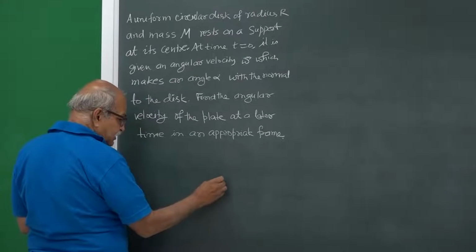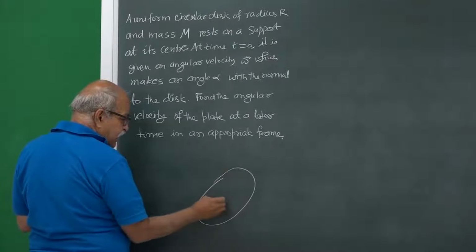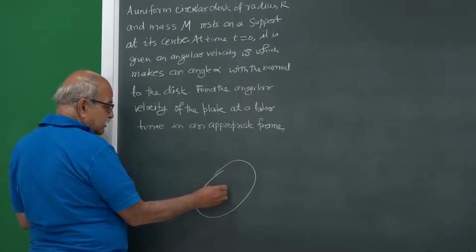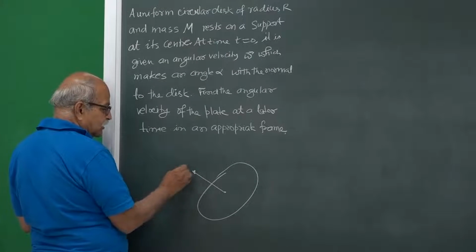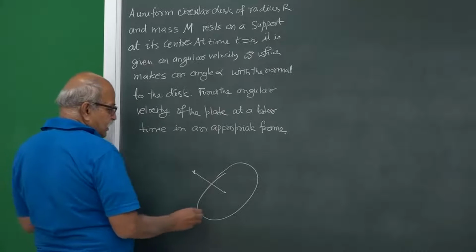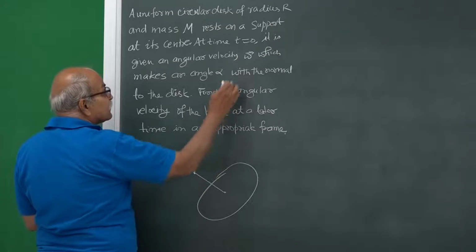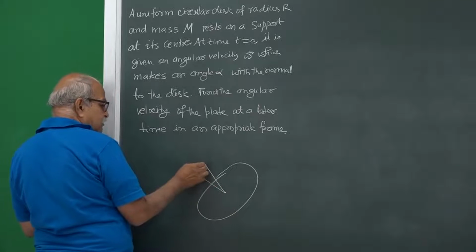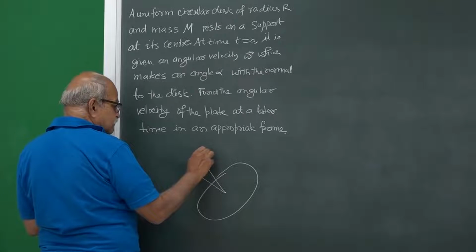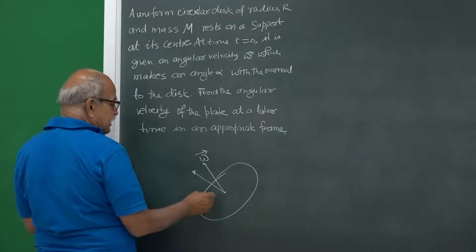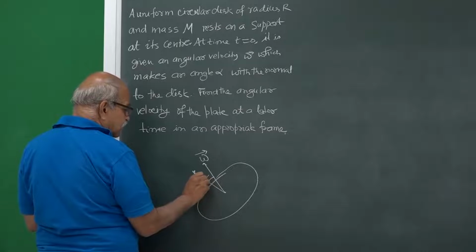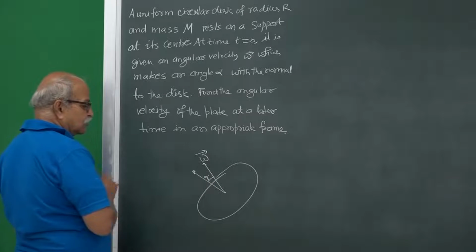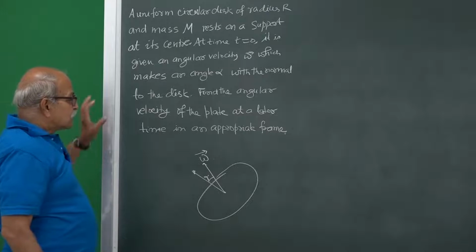Suppose you have this circular disc, and at t equal to 0, this is, let us say, the normal perpendicular, and then it is given an angular velocity omega, which is making an angle alpha with this normal. So, that is the situation.